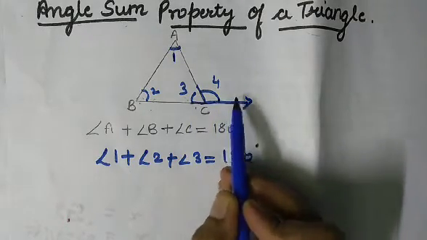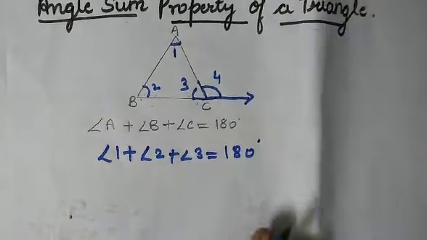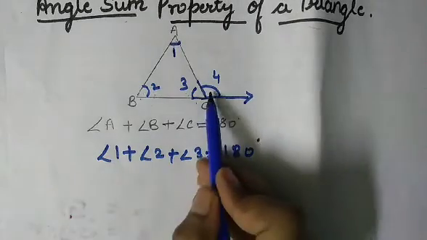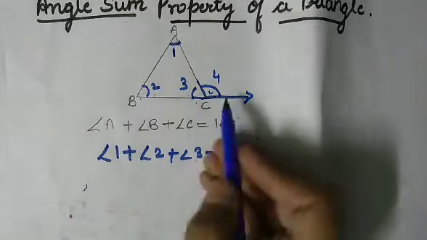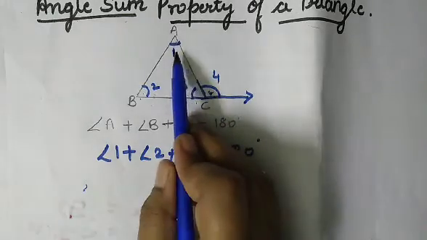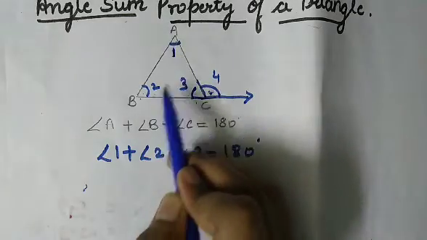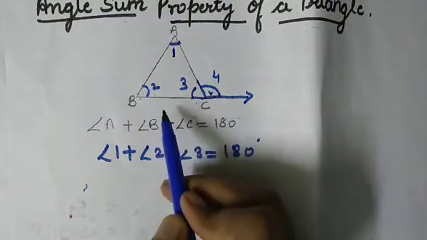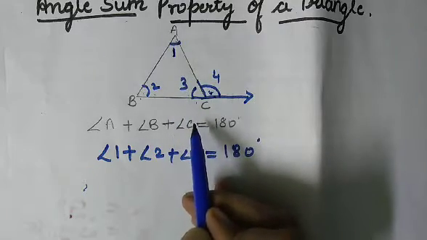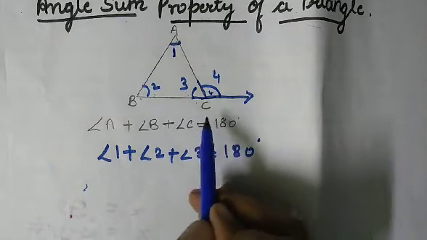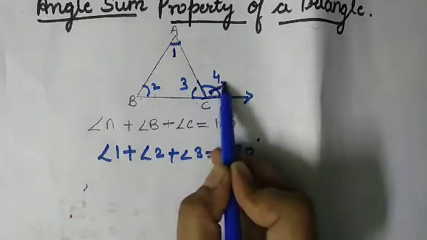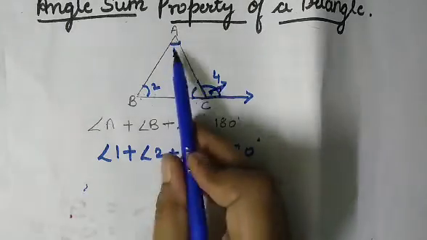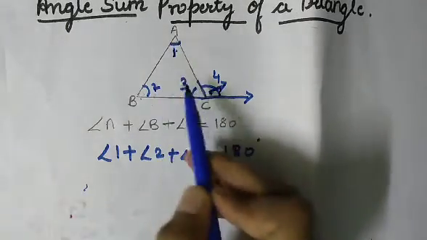Now in the previous lecture, we have learned that this angle 4 is equal to the sum of angle 1 and 2, because of the exterior angle property. Exterior angle property of a triangle says that the exterior angle is equal to the sum of the two opposite interior angles.